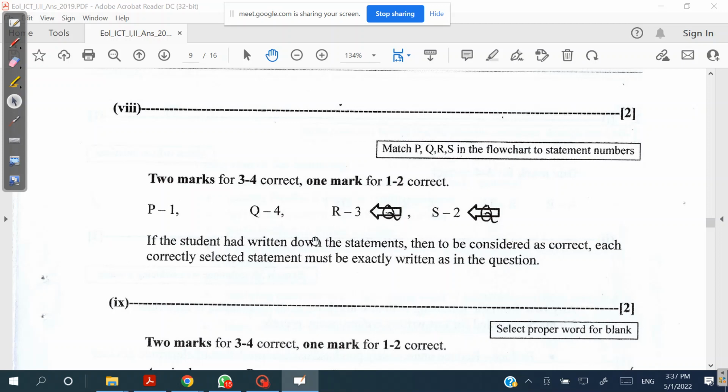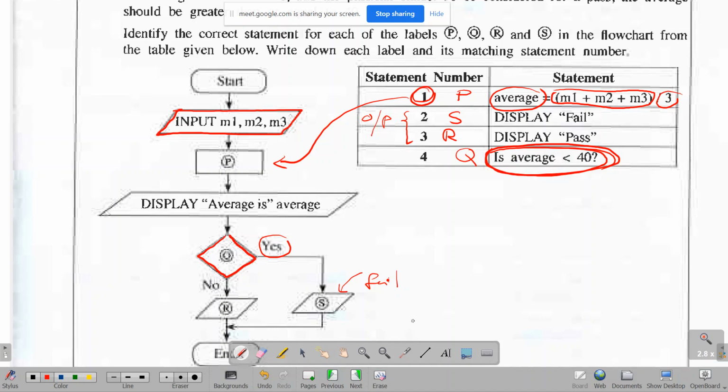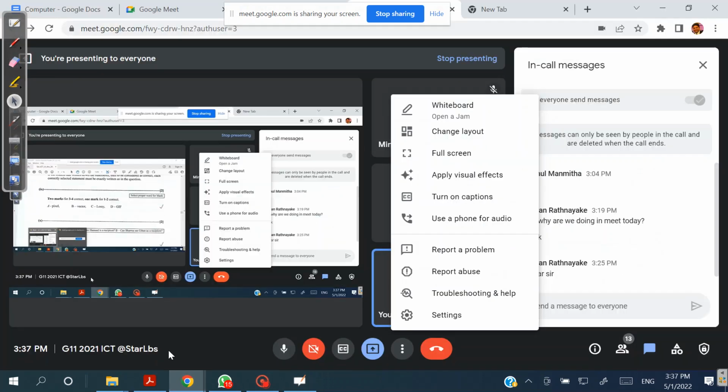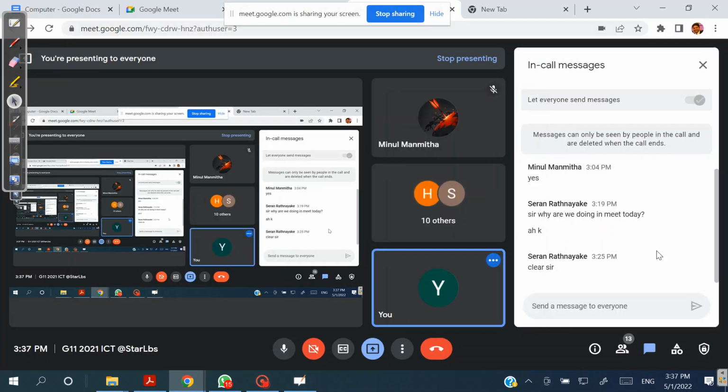Moving to the next part, the ninth one. People, before I move to the ninth one, is it clear so far? Okay.